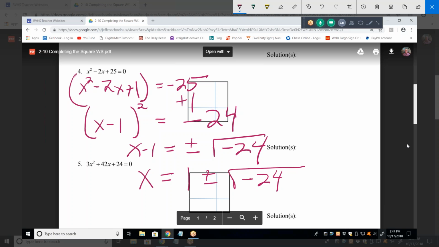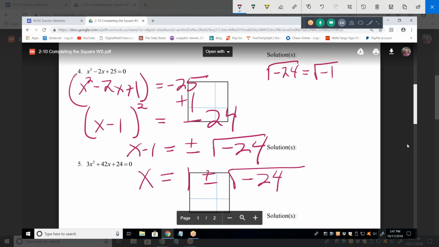Okay. So let's talk about what the square root of negative 24 is. It's the square root of 6 times the square root of negative 4. When you're dealing with square roots of negative numbers and you know you're going to have i as an answer, the way I find the easiest to do these is this is always the first step.